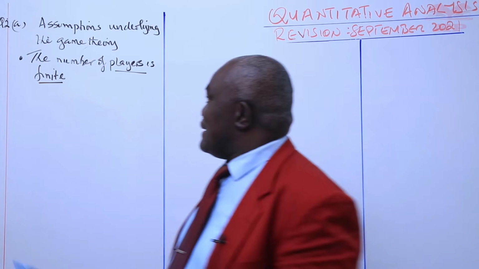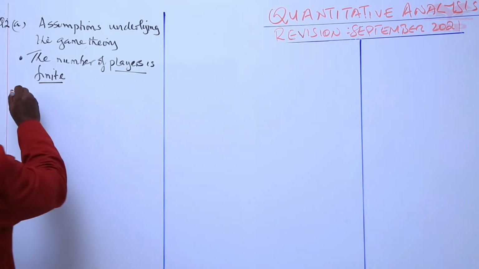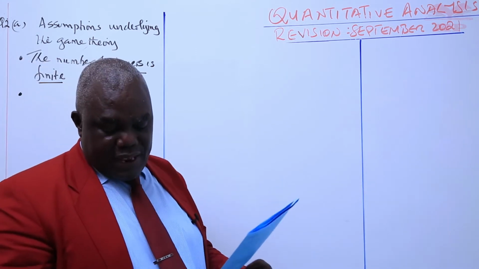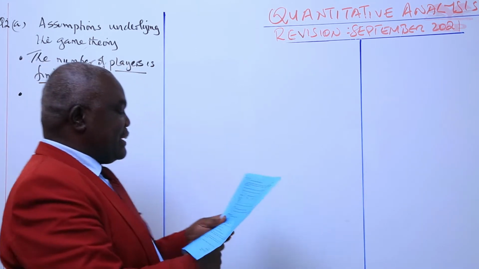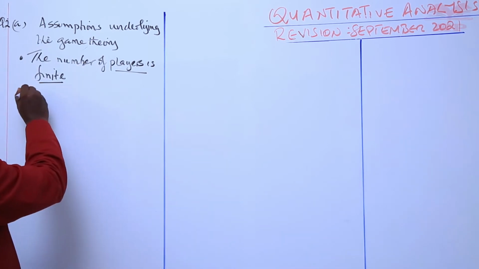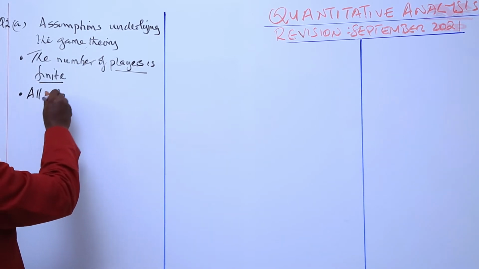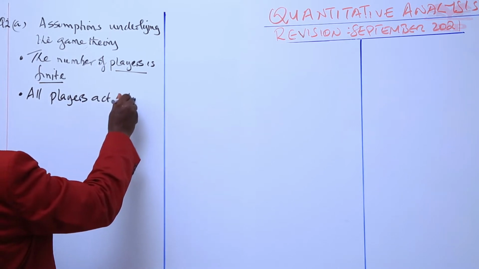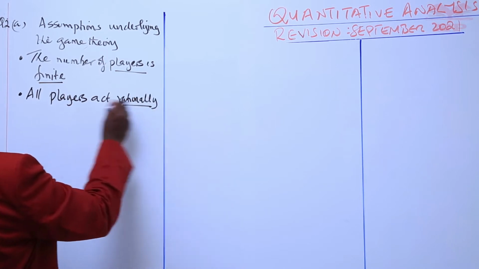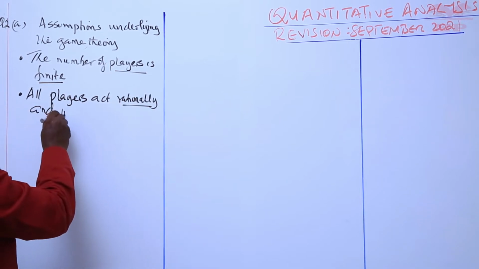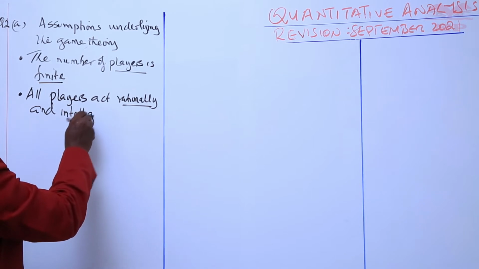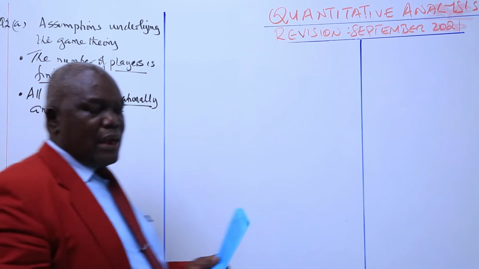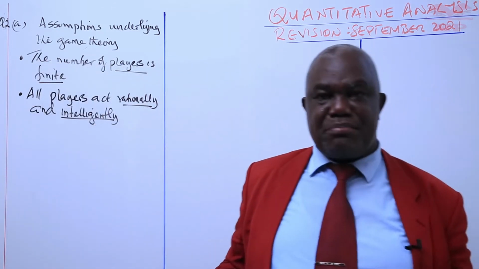The other one is that all players act rationally and intelligently. You see, when you are acting rationally, you are acting for your best benefit.